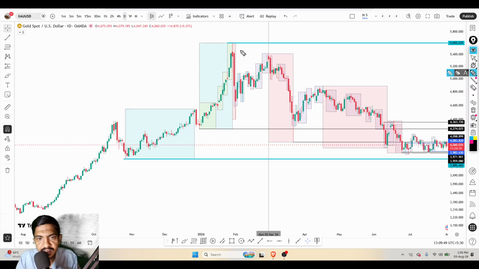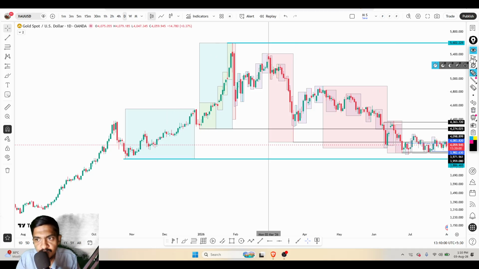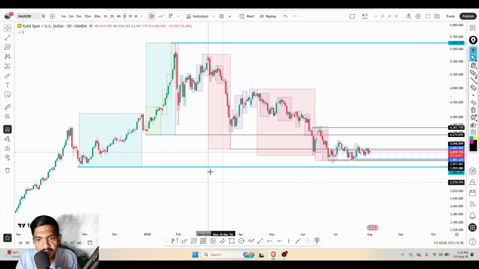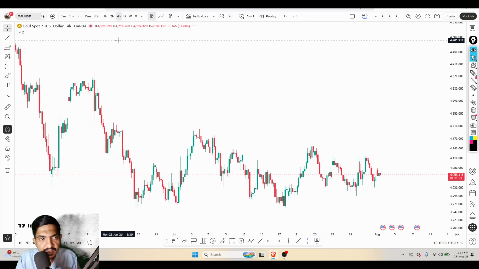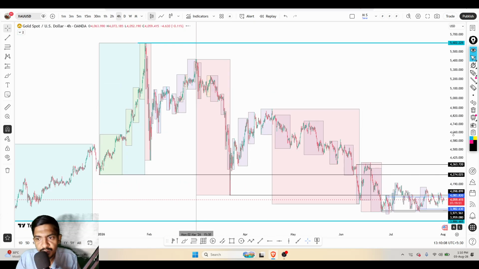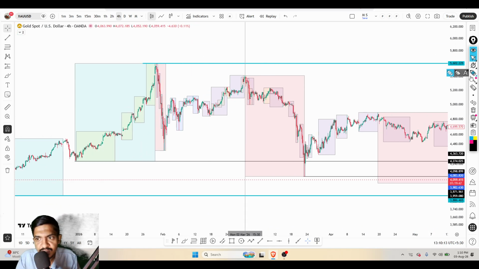Within that weekly bullish move, we have some daily bullish structure as well. These are the two bullish structures. Within that daily structure, I have already marked the 4 hour structure in the red box.